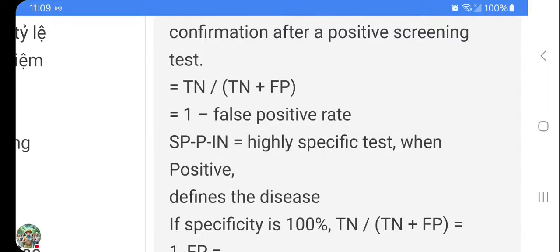Sensitivity equals the true positives over the total number of people who are sick, people who truly have disease A, which is true positive plus false negative, or just square number 1 plus square number 3. The disease is indicated in the columns and the test in the 2 rows. So that's the formula.